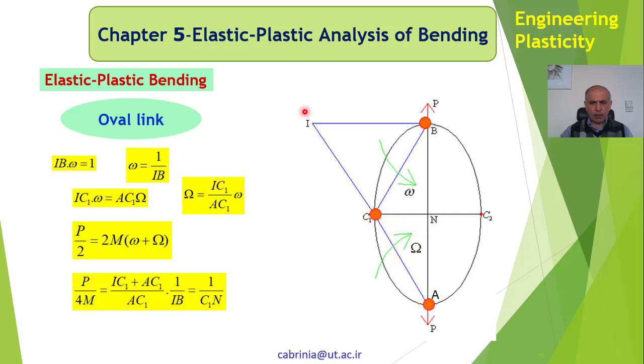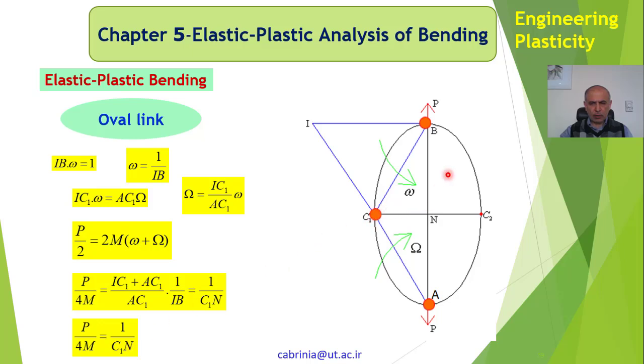So C1n divided by IB is equal to AC1 divided by AI, and that's what I have here. So 1 over C1n is equal to this, and therefore P over 4m is 1 over C1n.